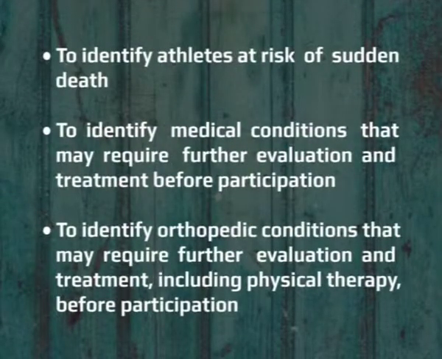Number 1, to identify athletes at risk of sudden death. Number 2, to identify medical conditions that may require further evaluation and treatment before participation. Number 3, to identify orthopedic conditions that may require further evaluation and treatment, including physical therapy, before participation.